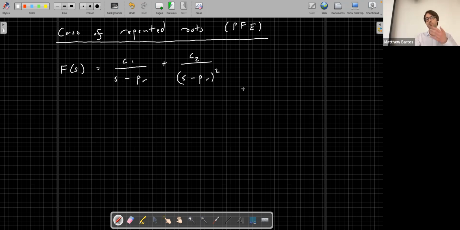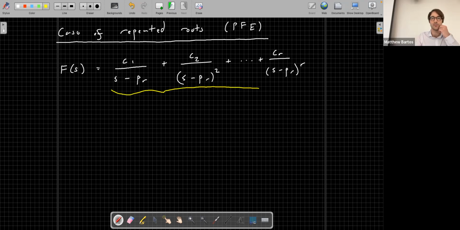So when we have a root that's repeated in the partial fractional expansion, we'll end up with that root being raised to its higher powers in the denominator, all the way to CR over s minus pR to the rth power. So this root is repeated r times.